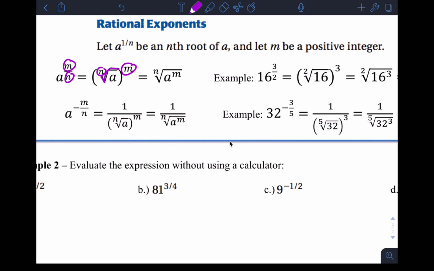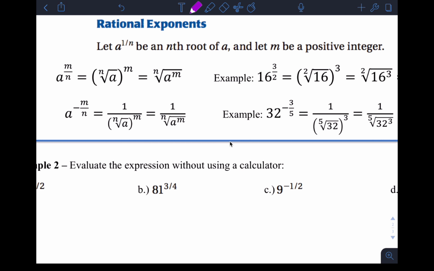Or you can first apply the power m directly to a, and then take the nth root. Both of these are equivalent, but sometimes it makes problems easier to solve if you think about it in one way as opposed to the other, and we'll do that together.